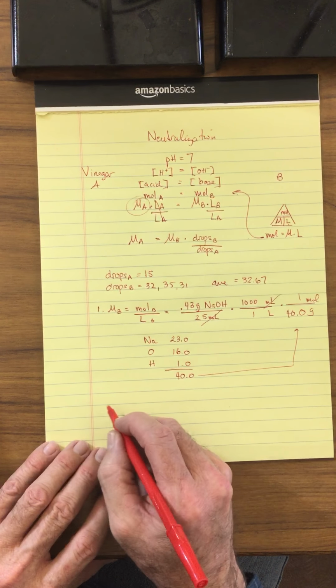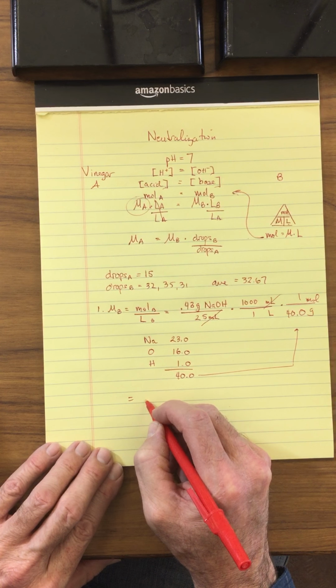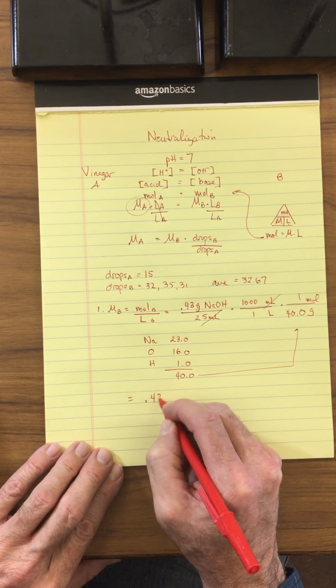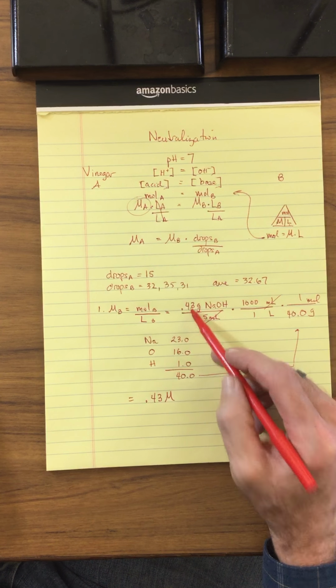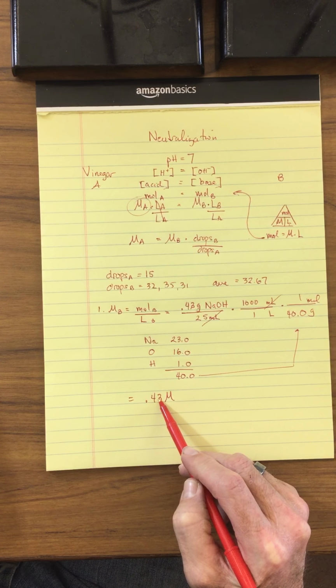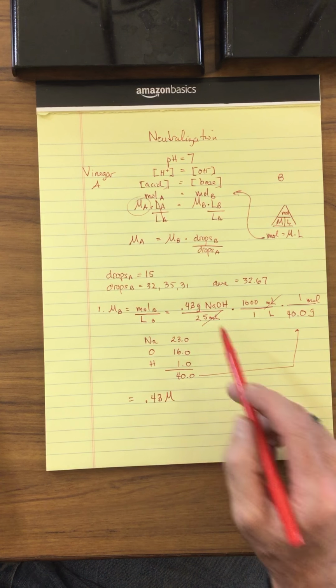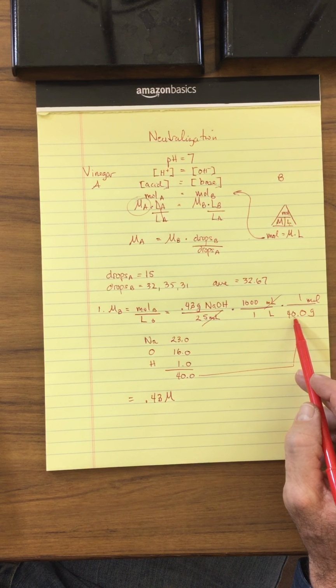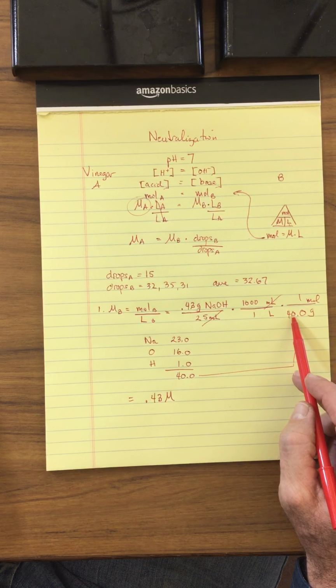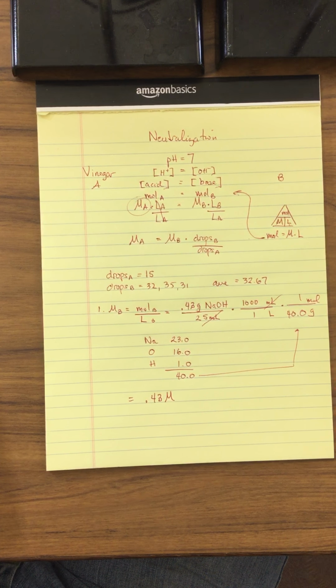This comes out to be 0.43 molar. The number of grams actually equals the molarity, but that's only because I used exactly 25 milliliters and the molar mass is exactly 40. When you multiply 25 by 40, you get 1,000, which cancels with that right there. So it's a unique case that it works out like this.